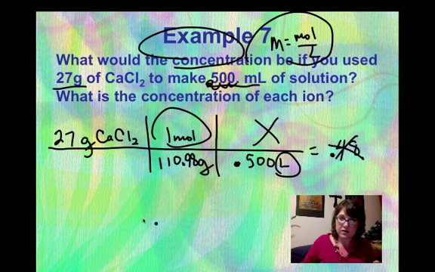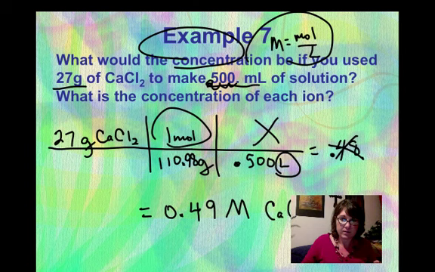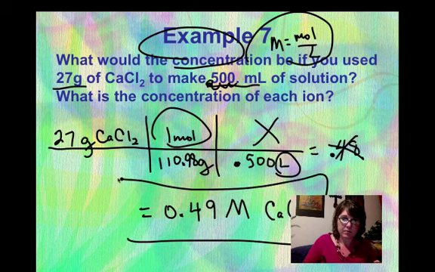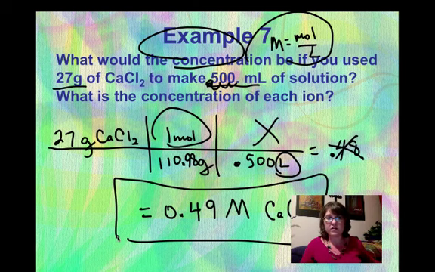So we're going to call this 0.49 molar calcium chloride. So that's our concentration of the solution with 27 grams and 500 mils.